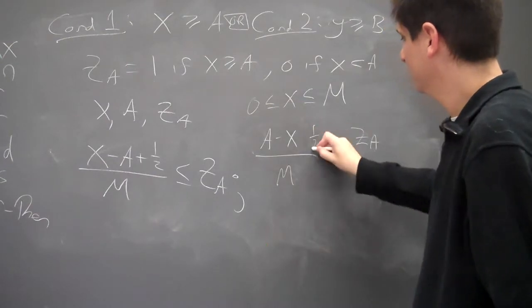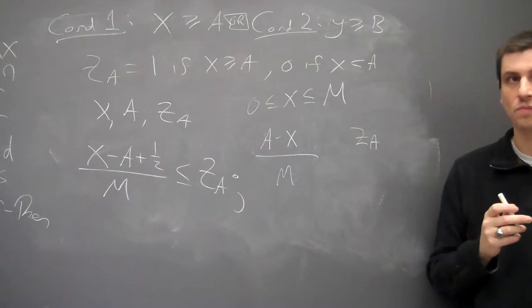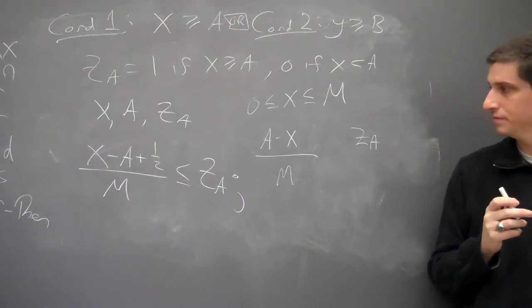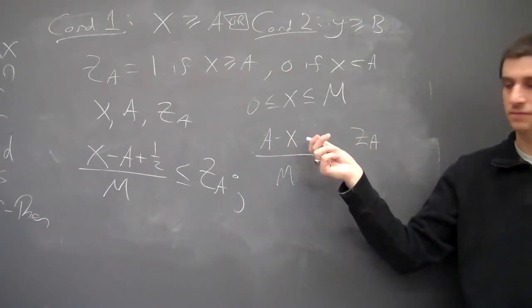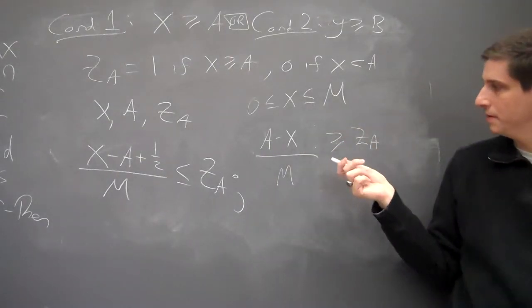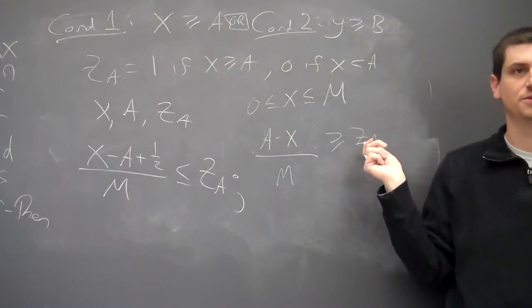If you just did a minus x over m, since m is bigger, that number will be less than 1, right? So this will be less than 1. So if you say less than or equal to z. The problem is, if x is greater than a, this now fails.